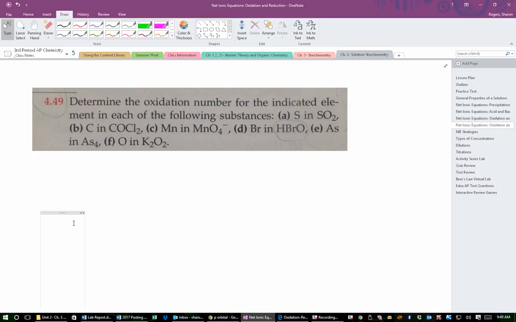Now, once again, you're doing all this because in a reaction, you might have to figure out which one's being reduced and which one's being oxidized. In order to do that, you'll have to assign oxidation numbers. So let's just do A. A is saying, determine the oxidation number for the indicated element in the following substances. So I need to find the oxidation number of S in SO2.